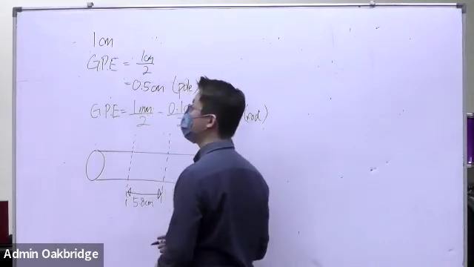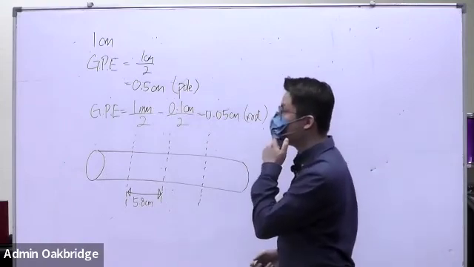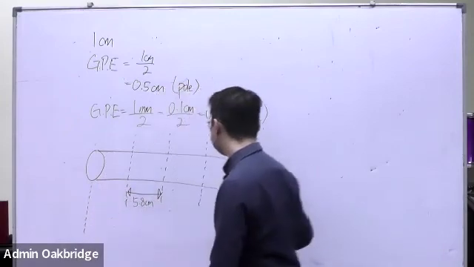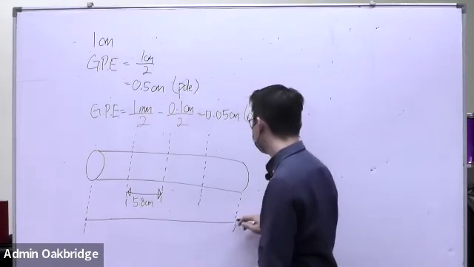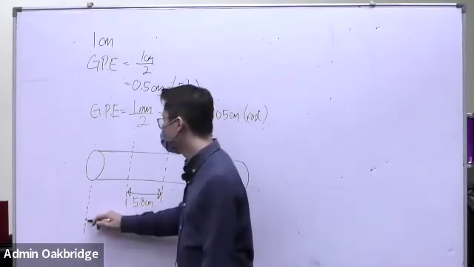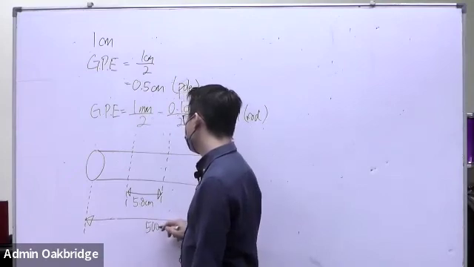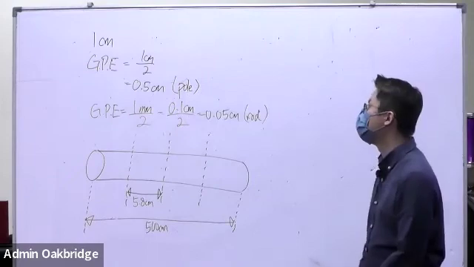This value is corrected to nearest millimeter. And we have the length for the metal pole, 500 cm, correct to nearest centimeter.